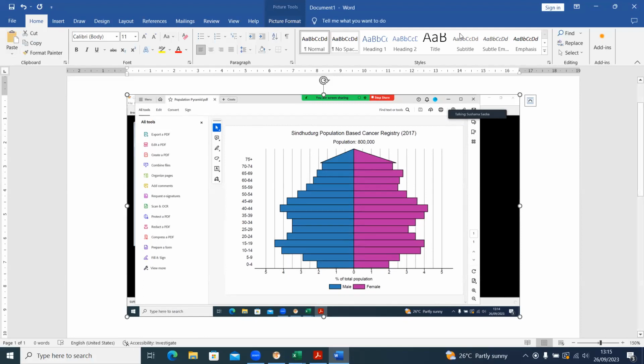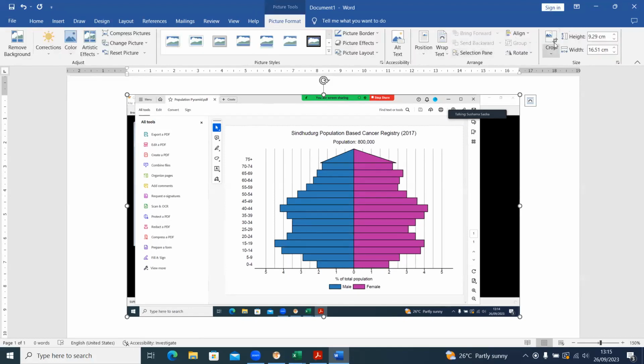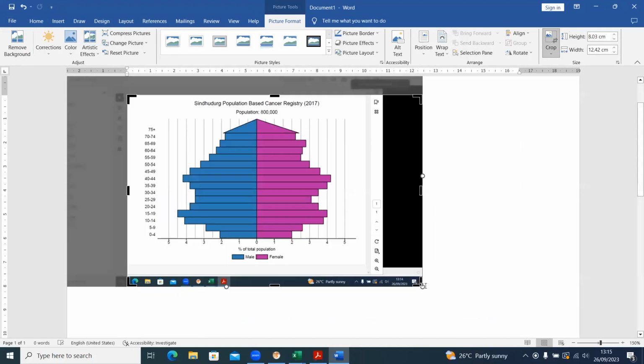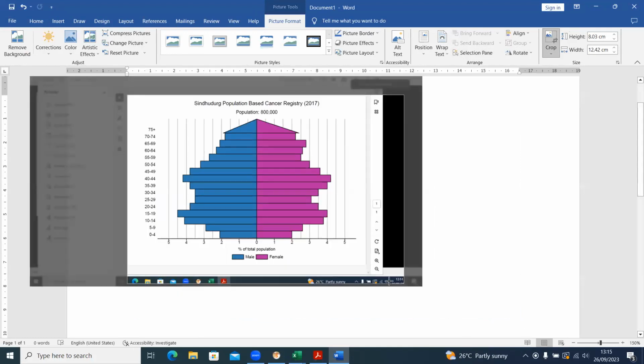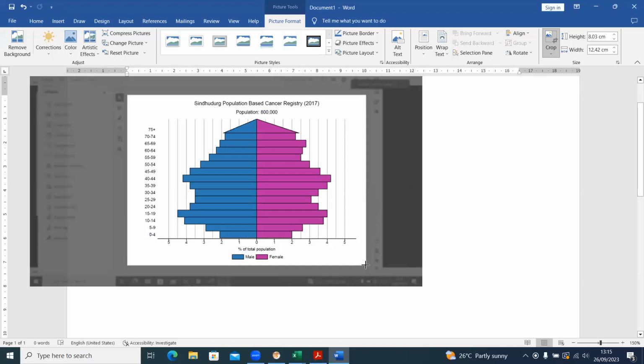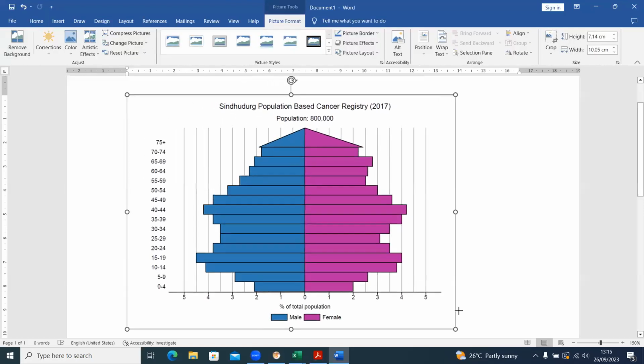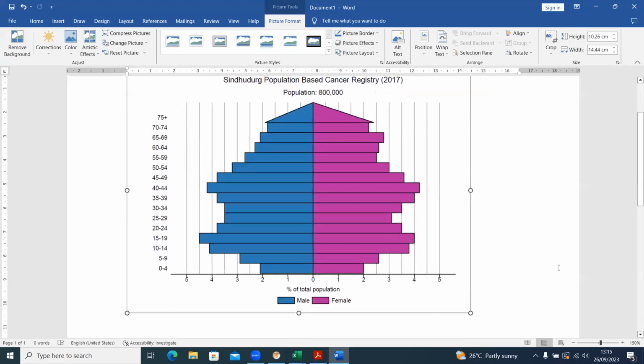This will be an image. So you can crop your image later on using the picture tools. You have this crop option, and you just need to crop your image. Is this clear?